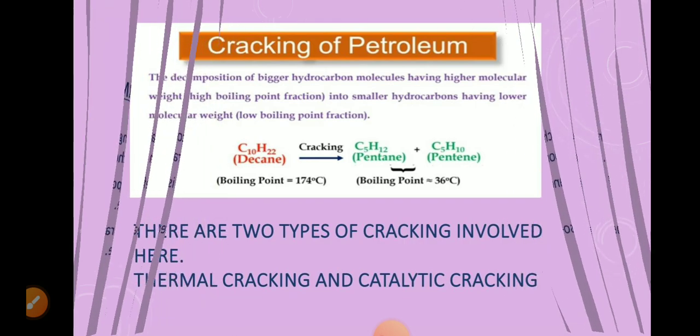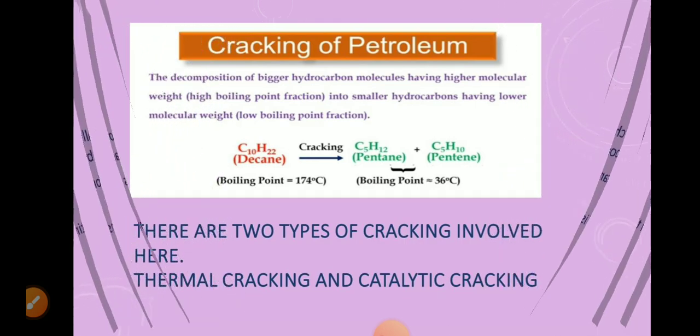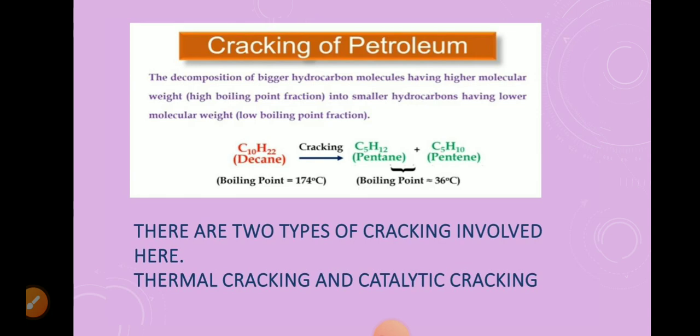Here we will discuss what cracking of petroleum is. The concept I have already told you in the previous slide: decomposition of bigger hydrocarbon molecules having higher molecular weight and high boiling point into smaller hydrocarbons having lower molecular weight and low boiling point. In this equation, we can discuss the cracking of decane. After cracking, decane produces pentene and pentane. Pentene is the olefin and pentane is the alkane.